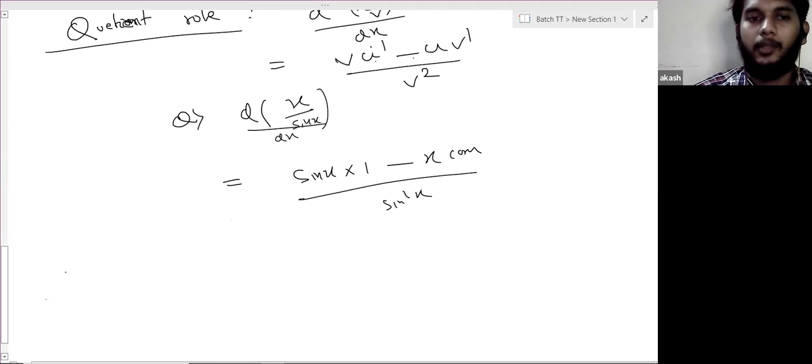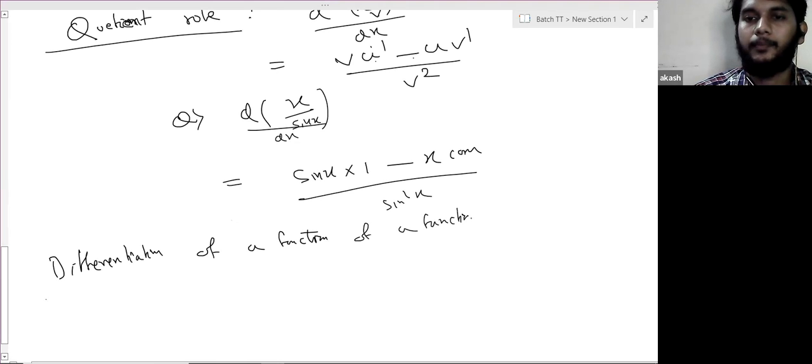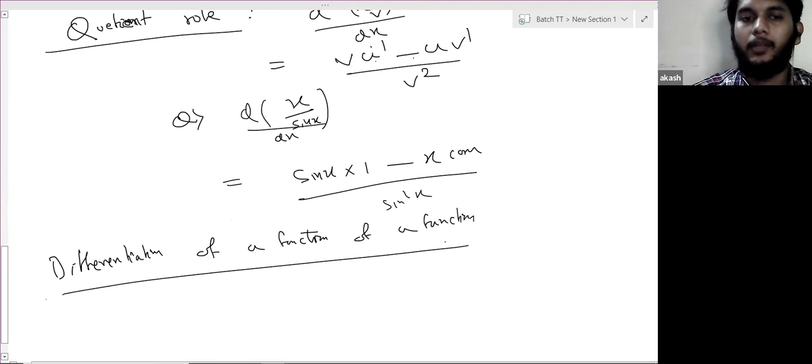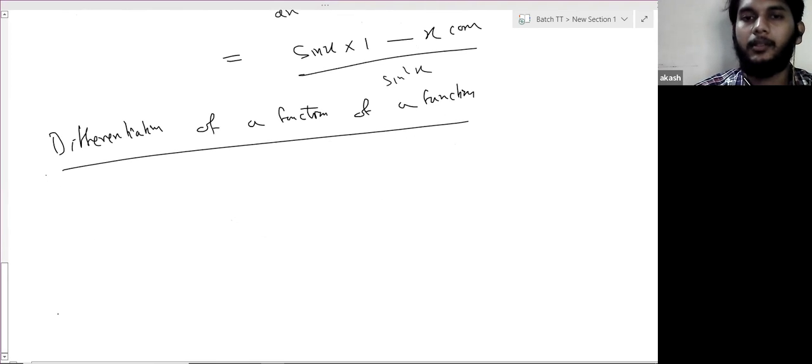Now what is in class 12? First write down differentiation of a function of a function. What does a function of a function mean? Composite function. All right.